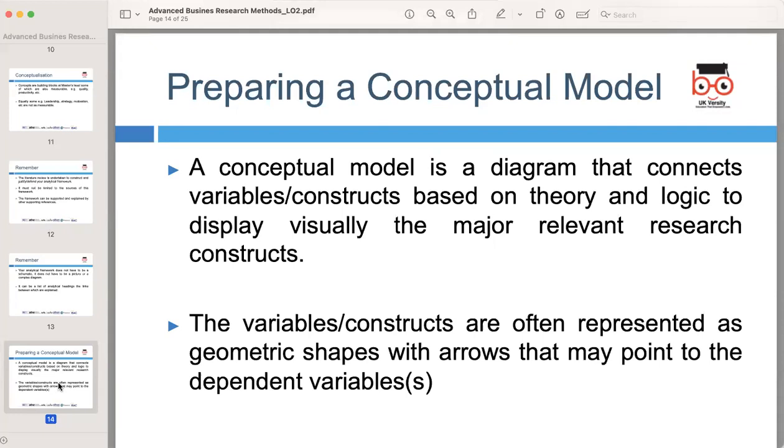It is important to note that the direction of the arrows should be based on theory and logic. We need to understand the theoretical framework of our research and consider how the variables or constructs are connected. These logical connections will guide the direction of the arrows in our conceptual model.